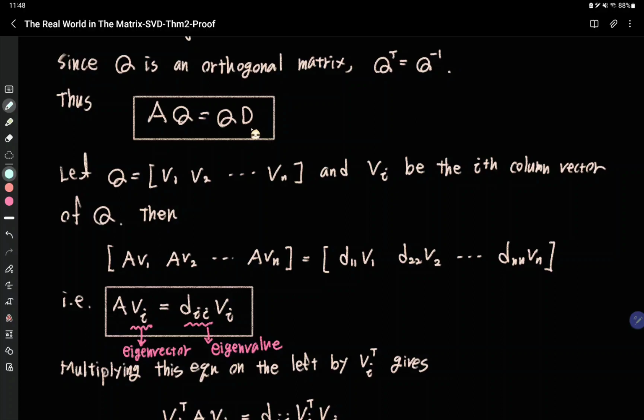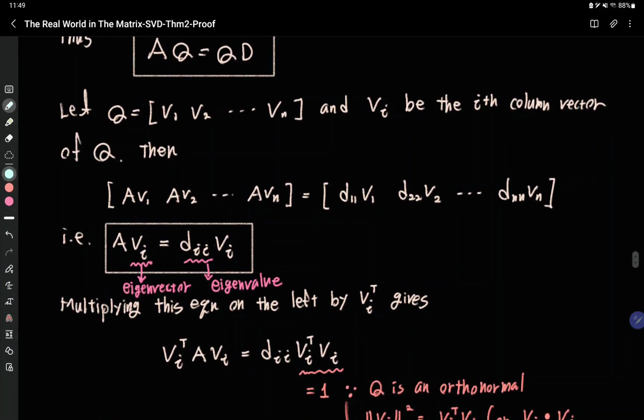Since D is a diagonal matrix, Q D is nothing but D11 v1 through Dnn vn. So that means A vi is equal to Dii vi, and vi is an eigenvector of matrix A corresponding to eigenvalue Dii.